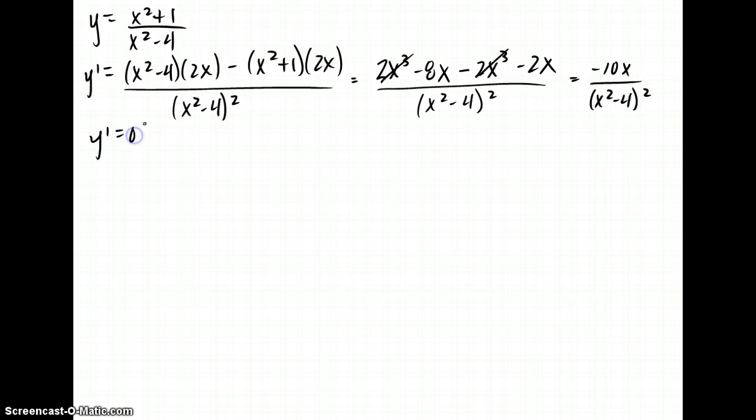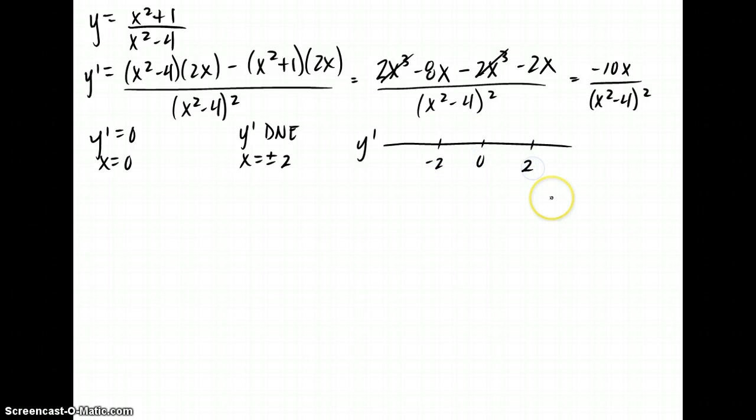Where does the derivative equal 0? When the top equals 0. Where does the derivative not exist? When the bottom equals 0. So on a labeled number line. Okay, our denominator is always going to be positive because we're squaring the denominator.